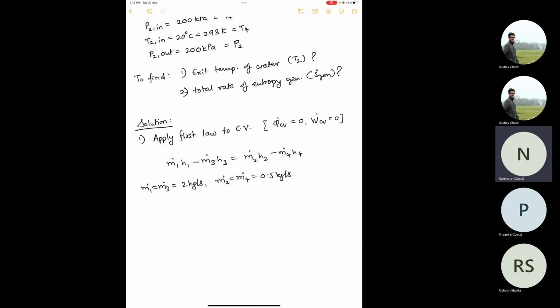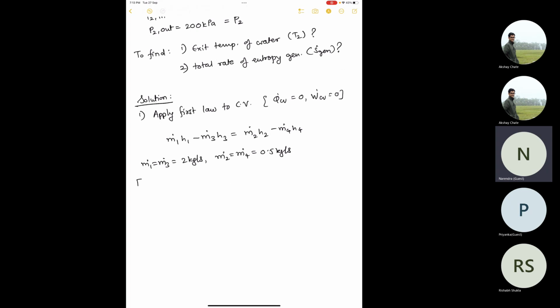So basically, I have the values for this question from the table. But if you do CpT, let me give you the value from the air table. Inlet enthalpy h1 is 1046.22 kilojoule per kg.